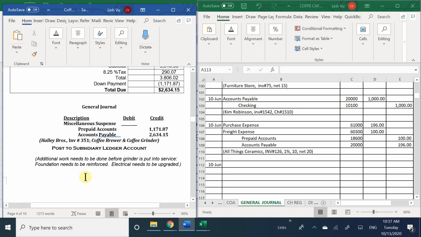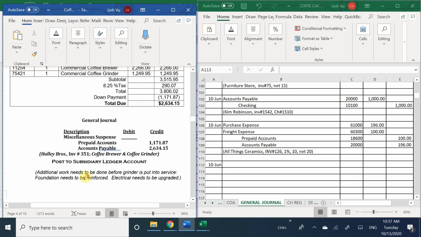So what I'm going to do here, instead of splitting them off, because right now the grinder is not complete and still needs work done, is have you place it in miscellaneous suspense, and we're going to calculate the grand total between the two when we move the coffee brewer and the coffee grinder out.